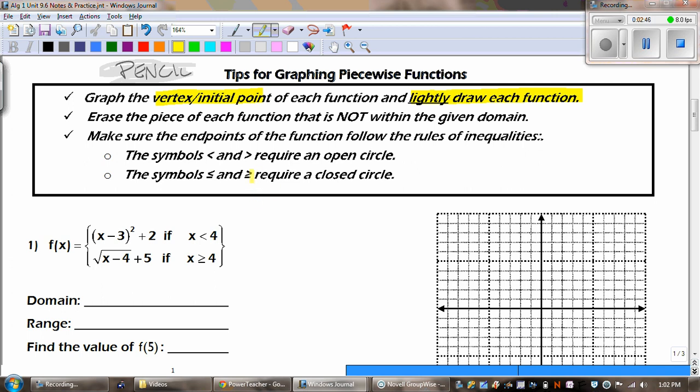Step 2 says erase the piece that is not within the given domain. Then make sure the endpoints of the functions follow the rules of inequalities. These two symbols are open and those two are closed.